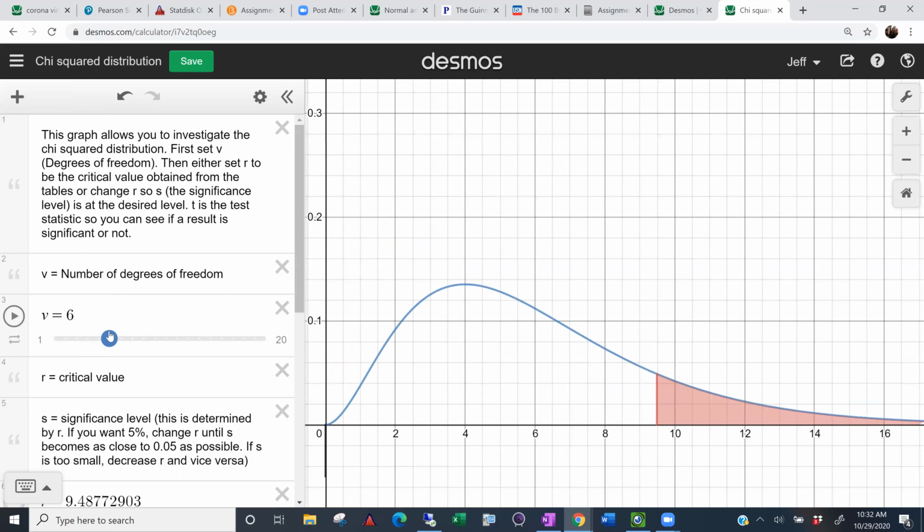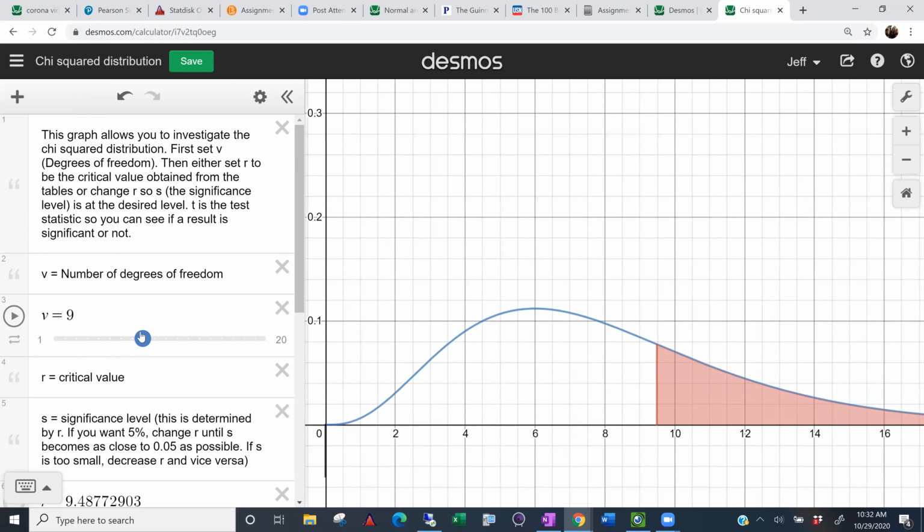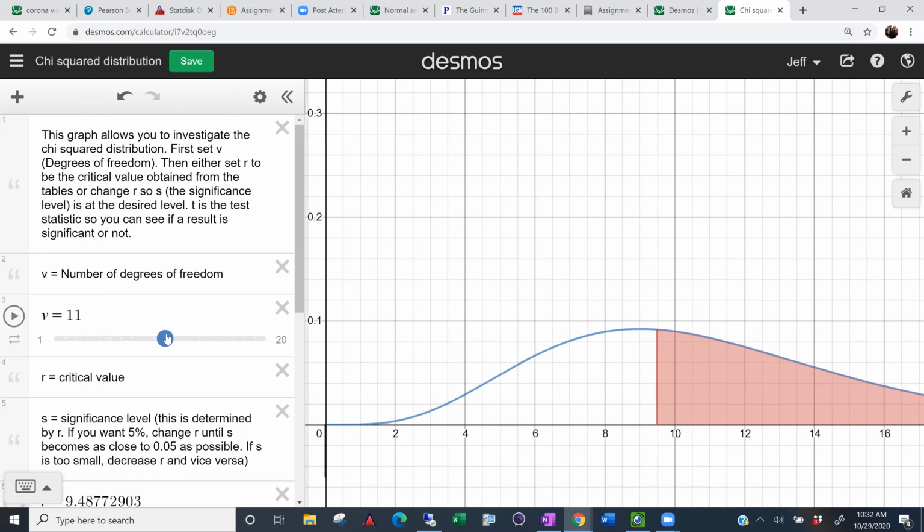And the interesting thing is, what does this distribution look like if I get up to degrees of freedom like 9 or 10 or 11? What's that starting to look like? Normal. It starts to look like a normal one. Exactly. Now, that's not something that we're really going to use in this class, but it does start to look like a normal distribution.